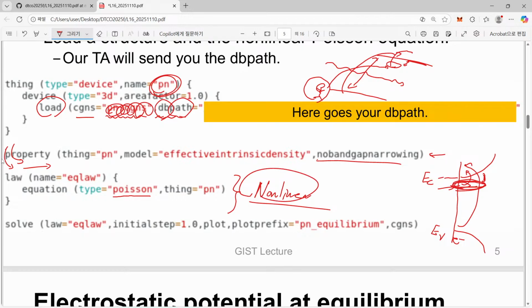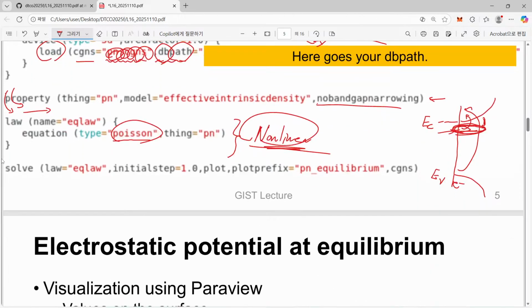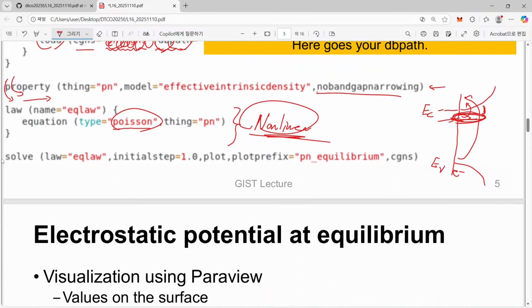If we introduce accompanying equations like the continuity equations for electrons and holes, then it becomes its general form. But without them, it becomes its specialized nonlinear form. After that, it was just declaring the nonlinear Poisson equation, and now we solve it.